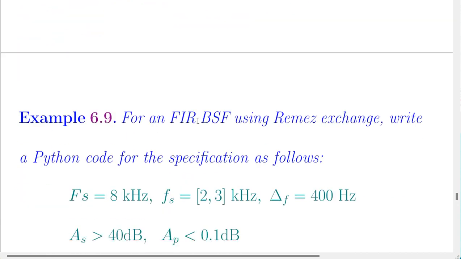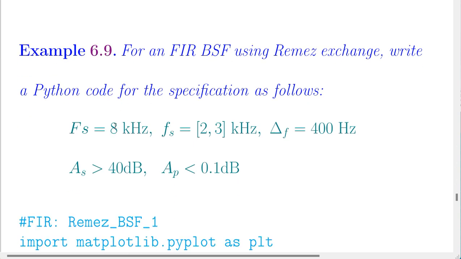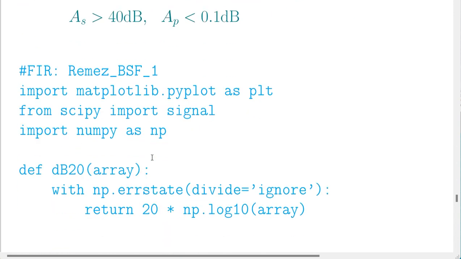Now, band stop filter without running inside Python, but showing the details. For an FIR band stop filter using Remez Exchange, write a Python code for the specification as follows. Fs 8 kHz, this time Fs 2 and 3 kHz, delta F 400 Hz, attenuation 40 dB, and ripple for passband 0.1 dB.